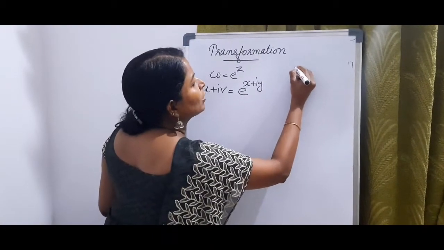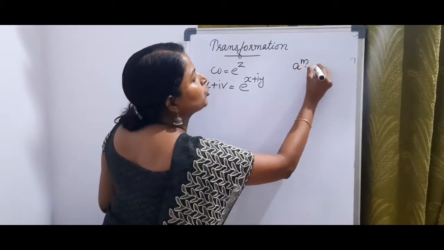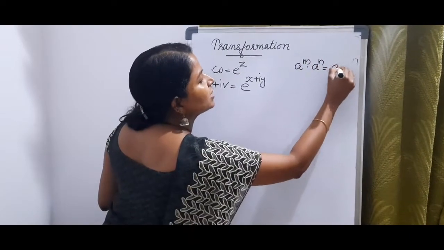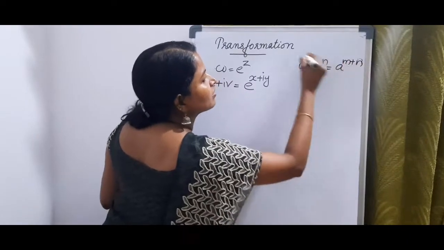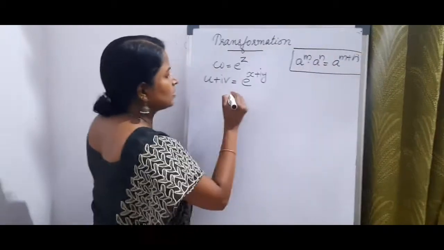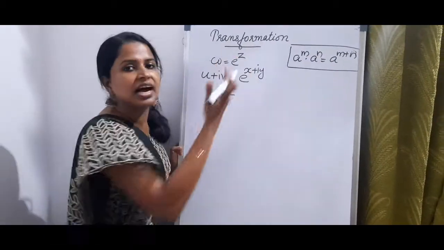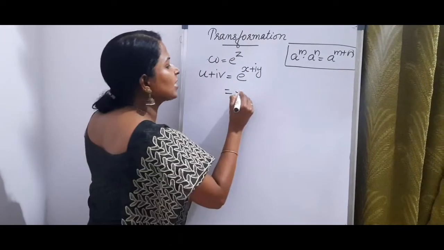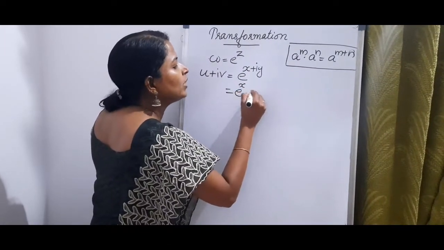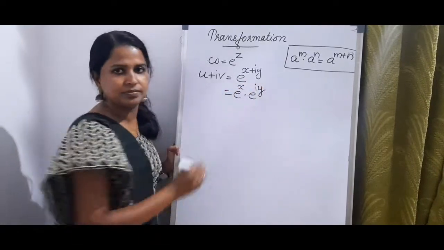Then we know that a raised to m into a raised to n is a raised to m plus n. It's an identity. So here e raised to x plus iy is e raised to x into e raised to iy.